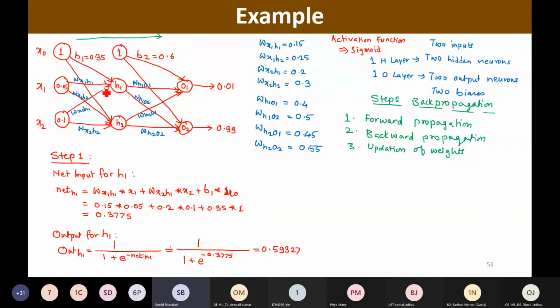So this is how we have computed the input for this hidden neuron H1, and the output of this hidden neuron. Got it? So this comes under forward propagation, step number 1. So we are moving from left to right.